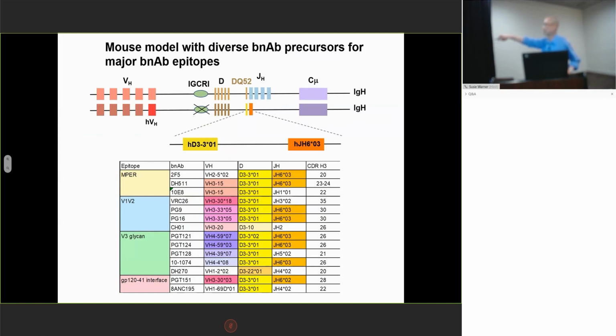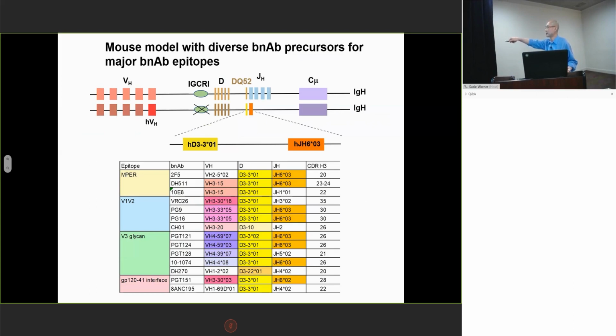If you look at bnAbs targeting major epitopes, they tend to use some common gene segments. A lot of them use these 3-3 segments, presumably because it's very long. A lot of bnAbs have long CDR3s, and they tend to use human JH6. So these are the longest D and J segments.